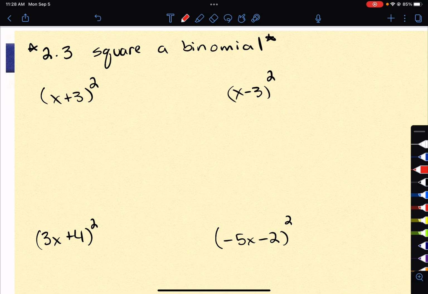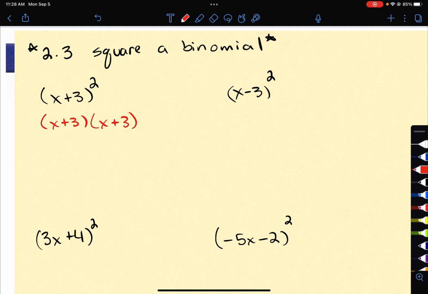So I can't just apply that square to everything. Some of you are going to want to try, and you're going to get it wrong. So here's what x plus 3 squared means. It means x plus 3 multiplied by another x plus 3. So this is a FOIL problem. I got to multiply my two x plus 3's together, all right?